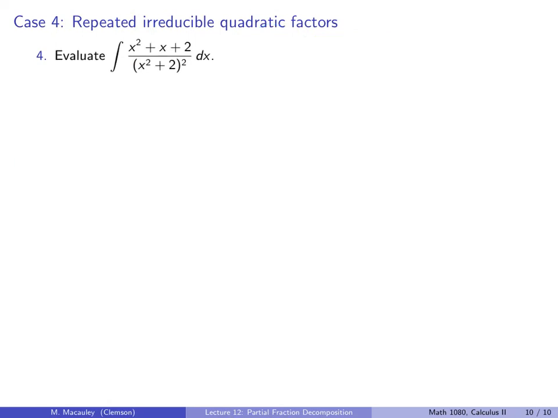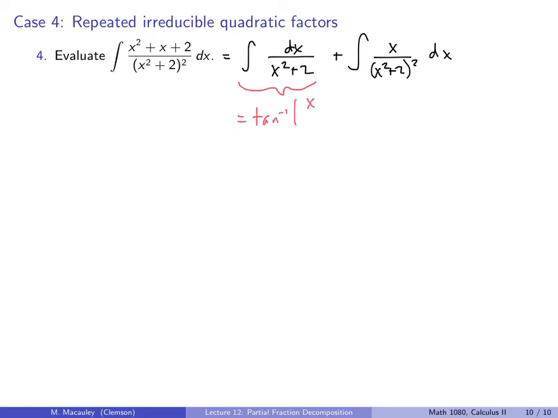This integral we've determined equals the integral of 1 over x squared plus 2 dx plus the integral of x over x squared plus 2 squared dx. So this first integral is just an inverse tangent one, so this is inverse tangent of x over root 2, all over root 2. I'll let you carry out the details if you so wish.